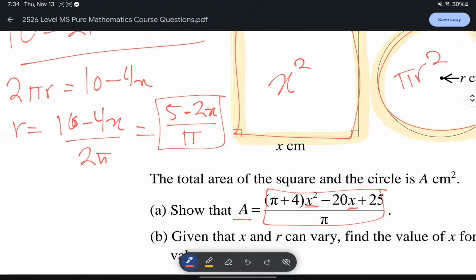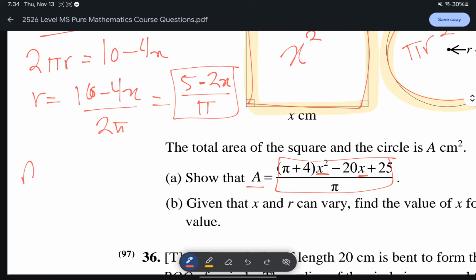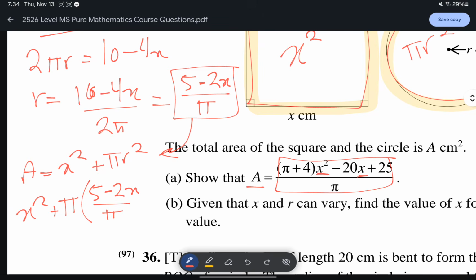So our area equals x squared plus pi r squared. Now instead of r, we'll put what we have for r: 5 minus 2x over pi, squared. I'll square the top part alone and the pi alone, so it's pi squared.